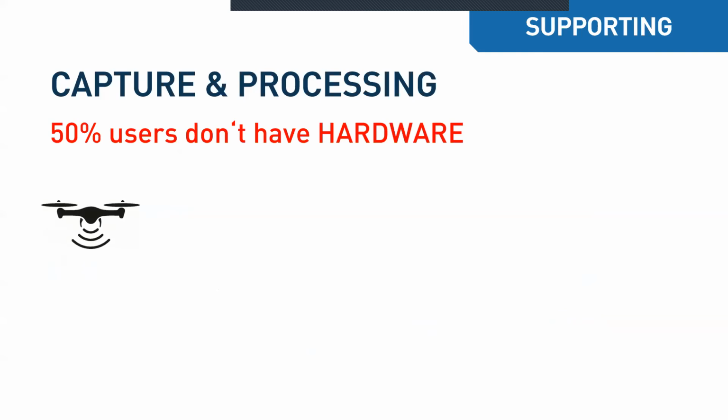So they want to get point cloud data, and they don't have hardware. So we are looking for partners who will be able to provide point cloud data. And if we have 1 or 2 scanners, we will need additional extra equipment. So it's a service to help them.